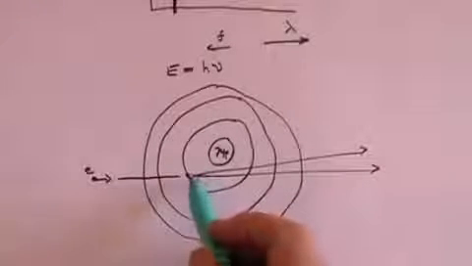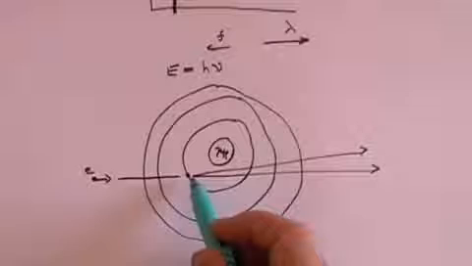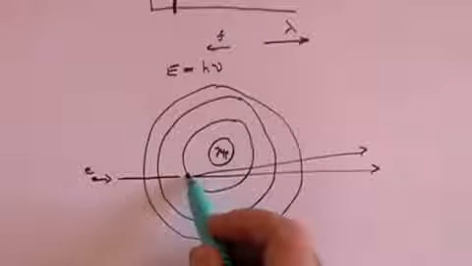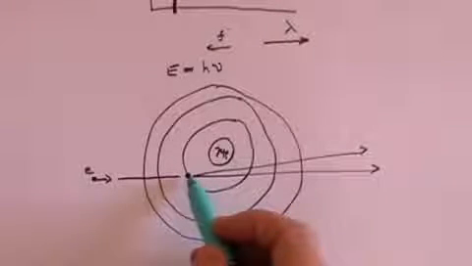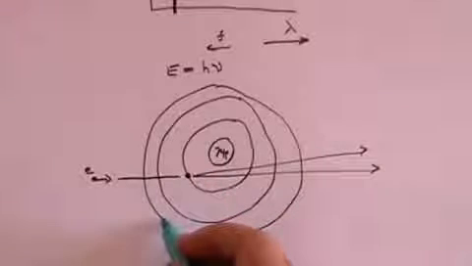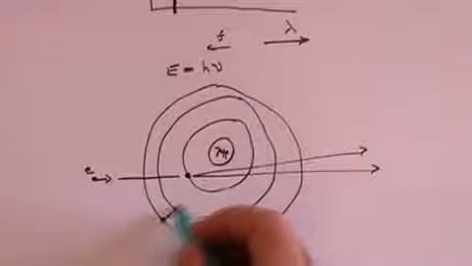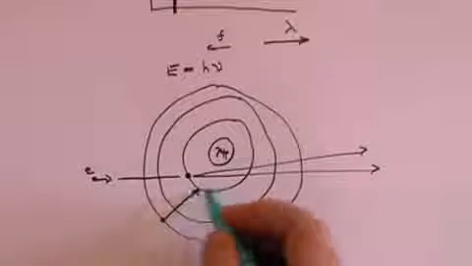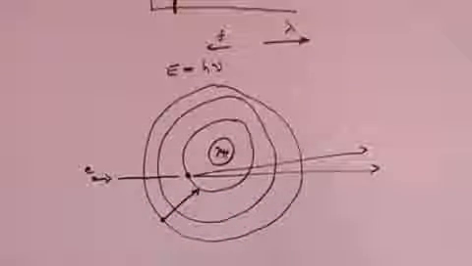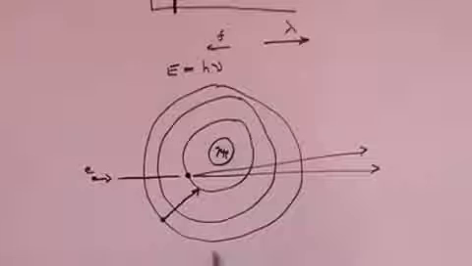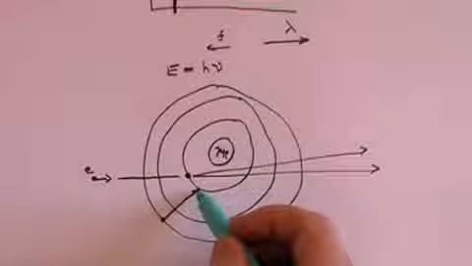And so there is then a gap in the electron shell, in an inner shell. And what happens then is that an electron in an outer shell falls down into the inner shell to take its place. But when an electron falls down the energy level, it gives up energy.